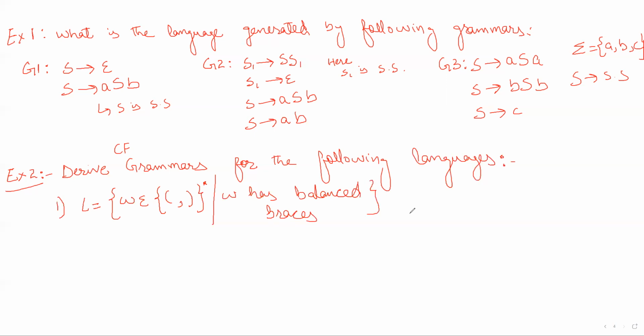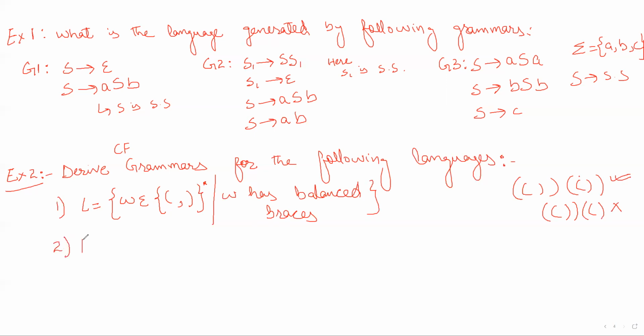Balanced braces means, for example, this is balanced, this is unbalanced, this is balanced, this is unbalanced. So you have to derive a grammar such that W has balanced braces.